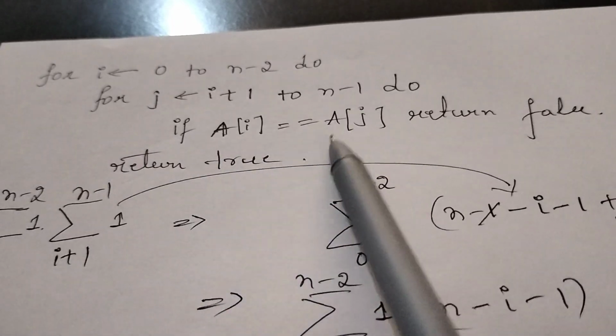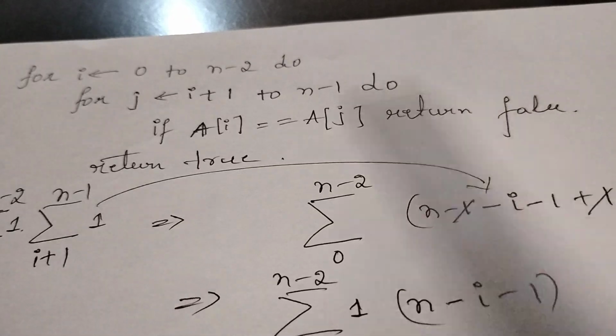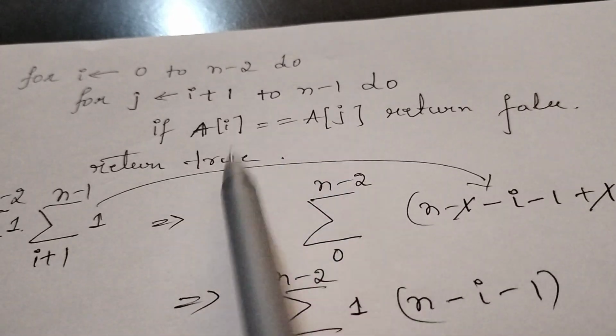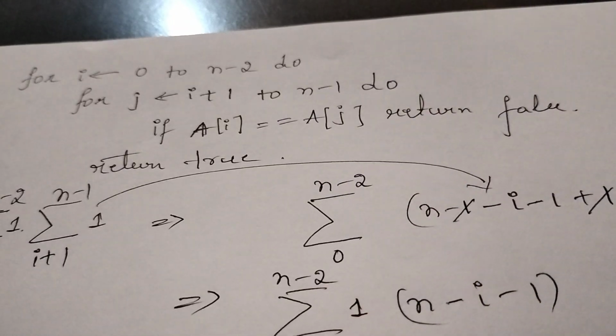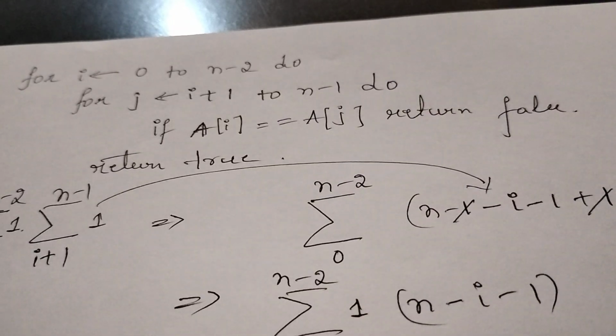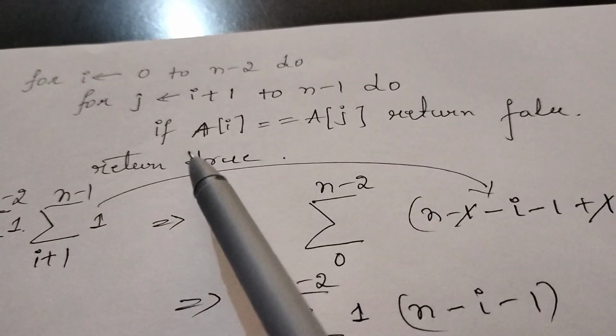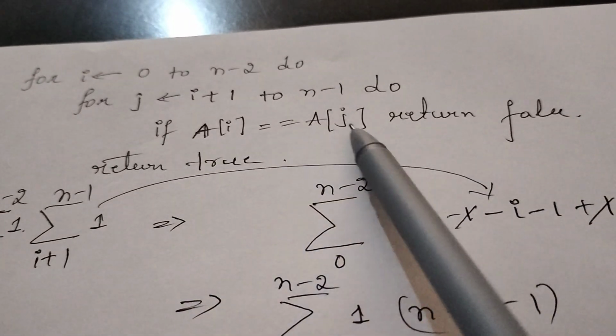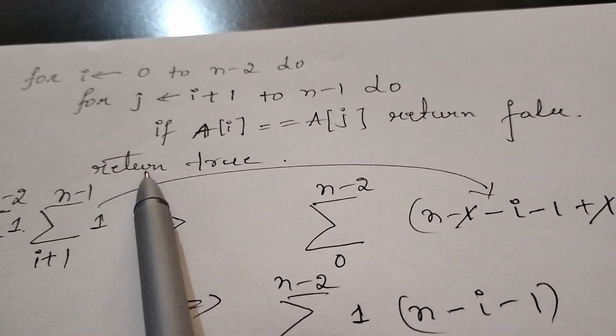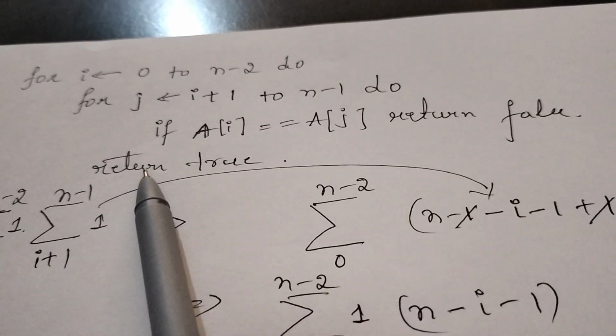If it is equal, we will return false, because both the values cannot be the same. If it is the same, then it doesn't have uniqueness in the array. If this condition is satisfied, we will return false. If this condition is not satisfied, then we will return true, saying that there is uniqueness in the array.